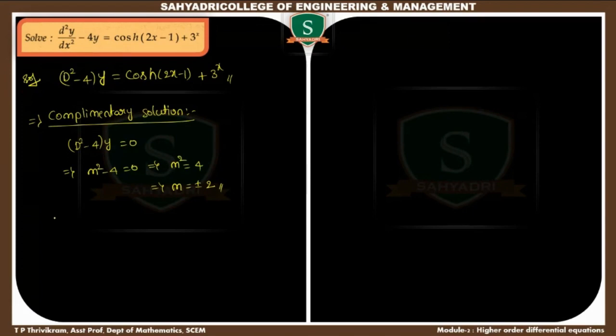So your yc will have one root plus 2 and one more root minus 2. So they are real and distinct. For real and distinct roots, we get c1 e power 2x plus c2 e power minus 2x.